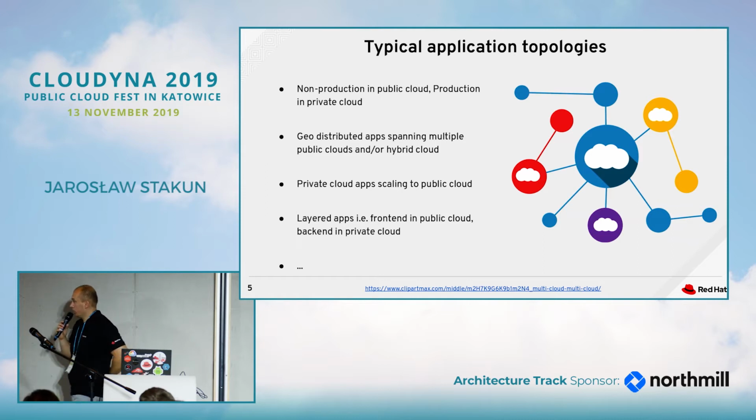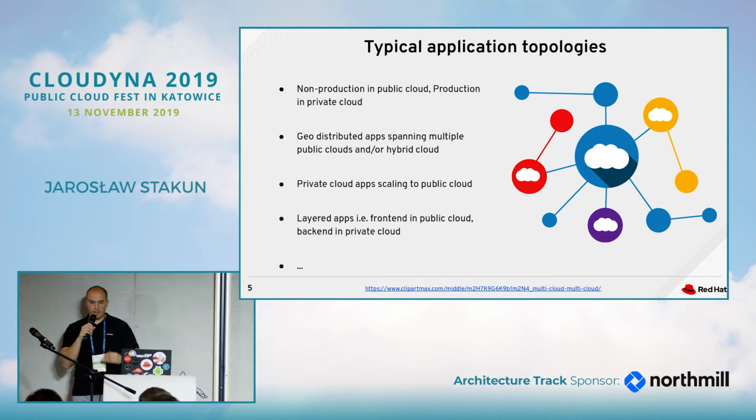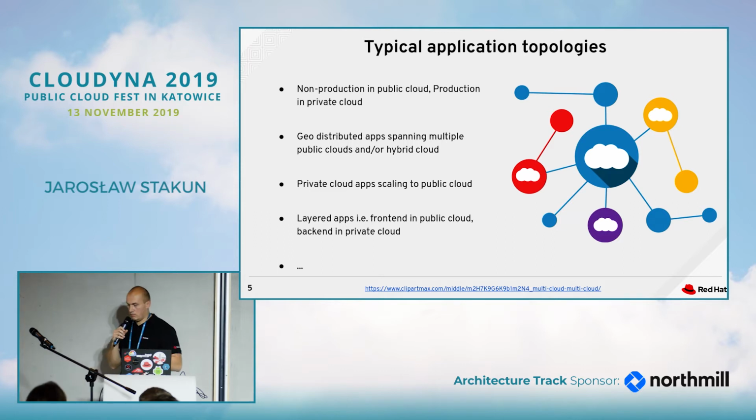So there are a couple of common topologies or architectures for the applications that we have seen over the time. So typically the most basic, and typically the scenario where customers are starting, is to run non-production environments in public cloud and run production in private cloud.